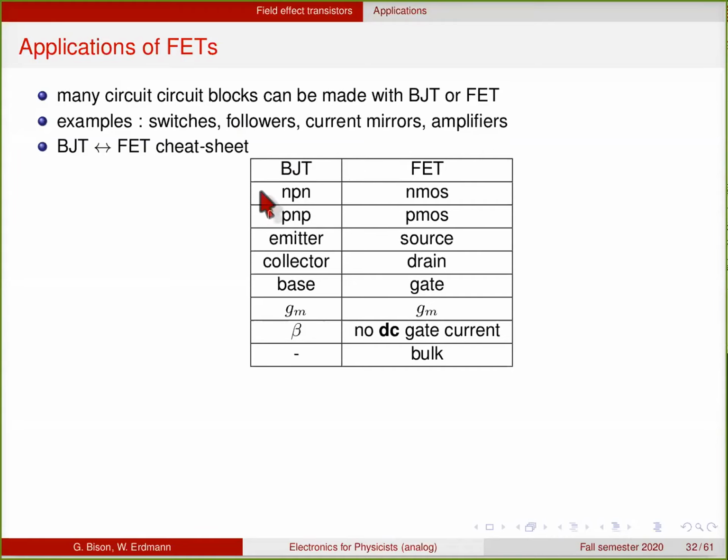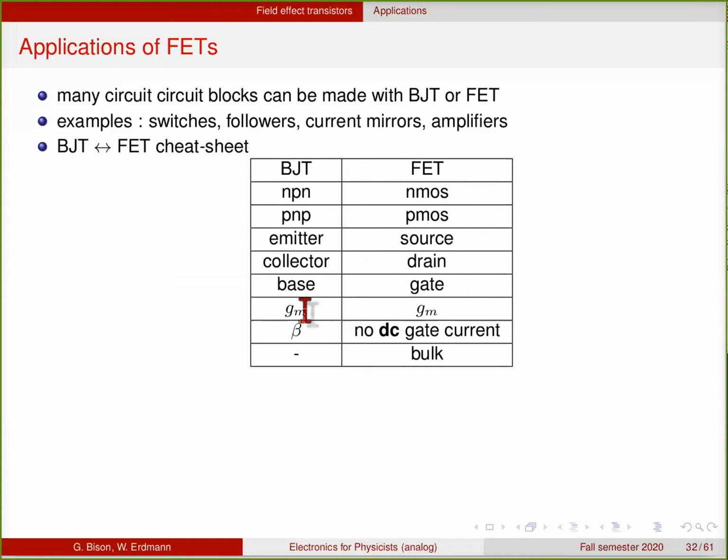So there's a bit of a cheat sheet here. Whenever you use an NPN bipolar, you should use an NMOS field effect. A PNP is used as a PMOS. And of course, instead of emitter, collector, and base, you now have different names: source, drain, and gate, due to the different physical processes here.